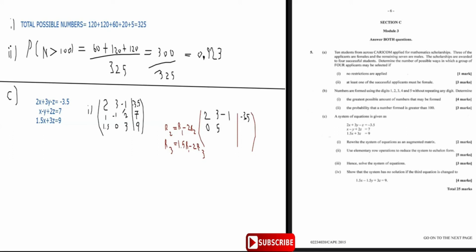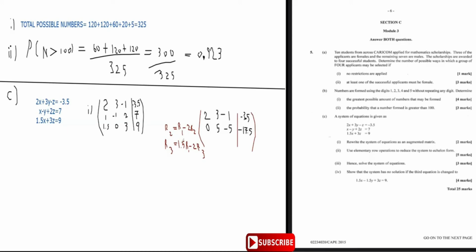Then minus 1 minus 2 times 2 is minus 5. Then minus 3.5 minus 2 times 7 is minus 17.5.